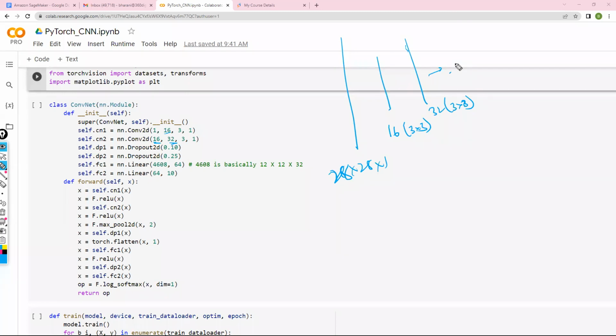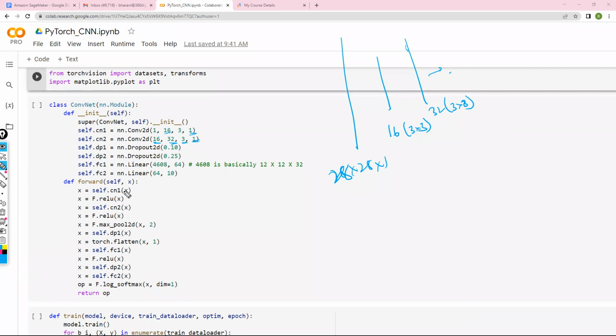Finally you see 1, which is nothing but stride equal to 1. So we are ensuring that the kernel size is 3 by 3 and we are striding it by 1. Whatever the stride, that many times the kernel gets moved ahead. Then you are giving dropout, which we have already discussed, and then connecting that to a fully connected network.